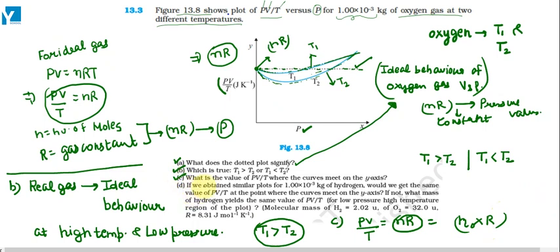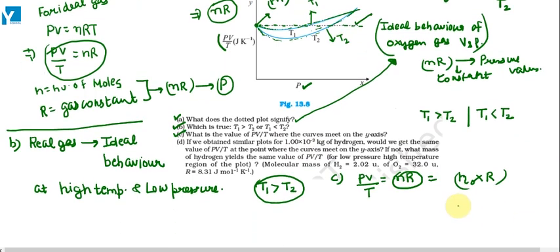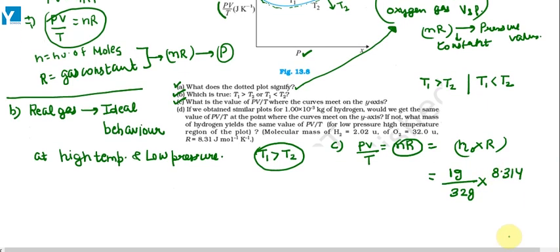Actually we can also calculate the numerical value. Number of moles of oxygen gas will be given weight of oxygen gas, which is 1 gram, and its molecular mass, which is 32 gram, into 8.314, value of gas constant.